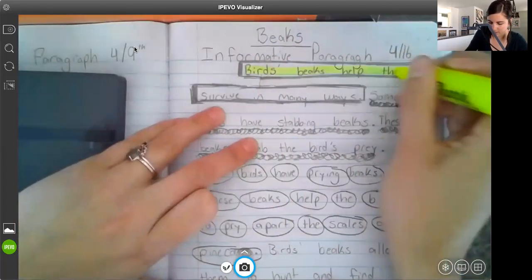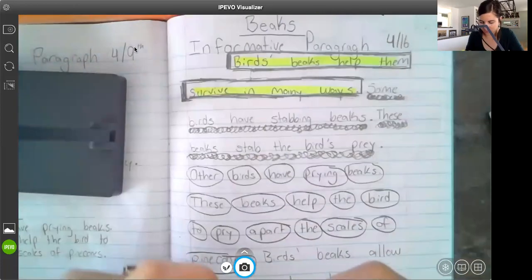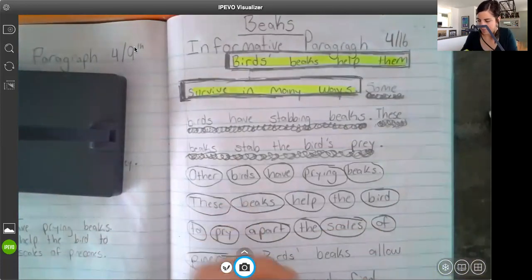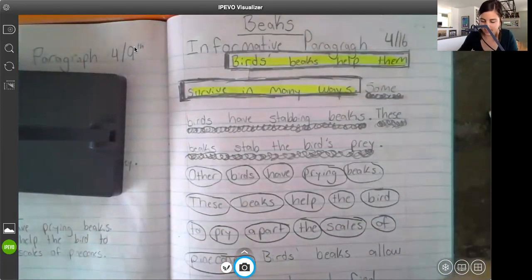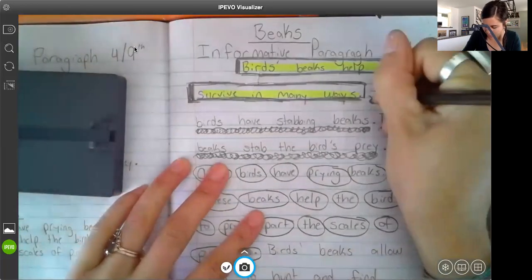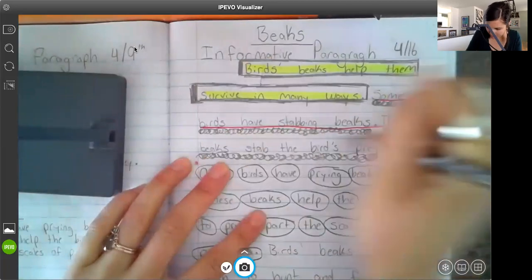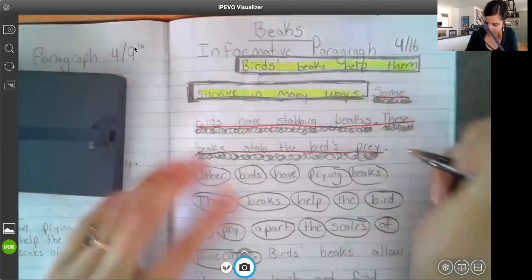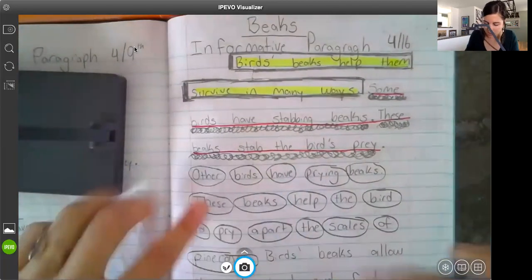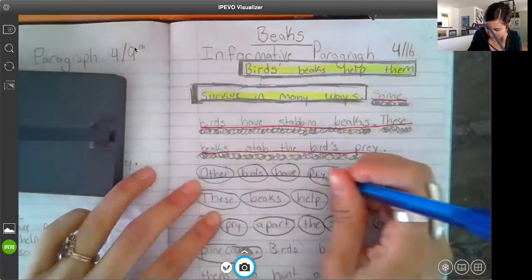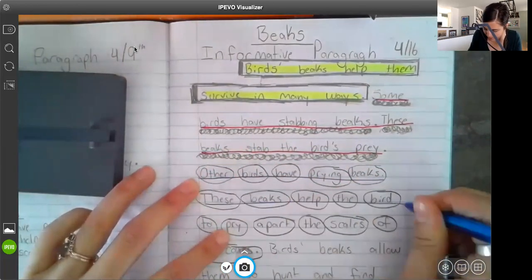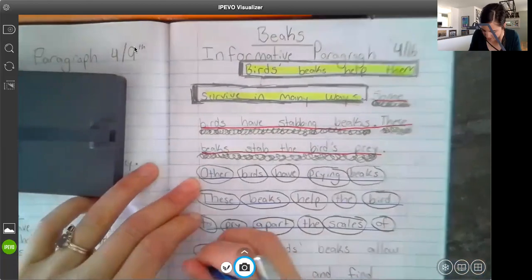So I could say, oh, birds' beaks help them survive in many ways. For our first two detailed sentences, maybe I would underline it in red, right? And then maybe other birds have prying beaks. I would do it in blue to show that these two sentences are together.